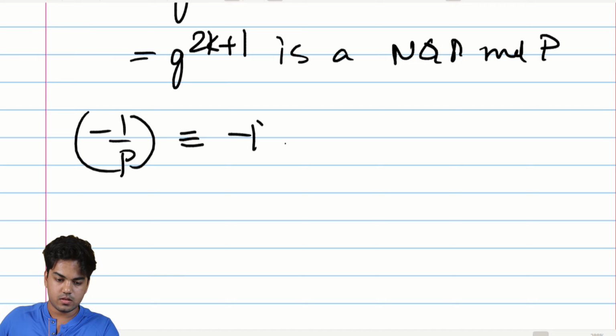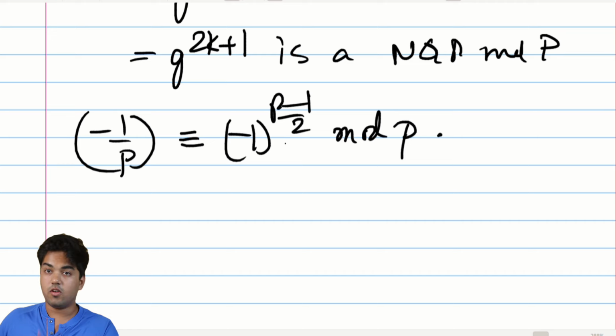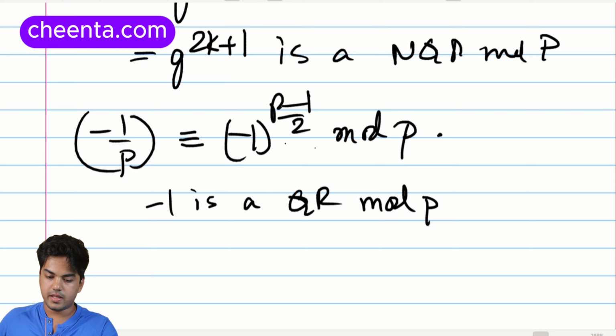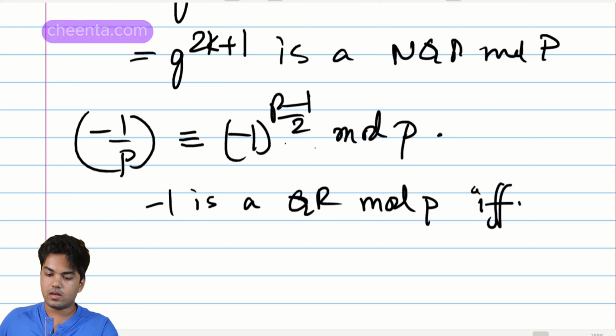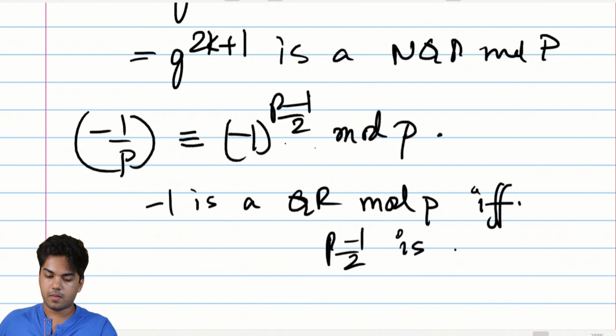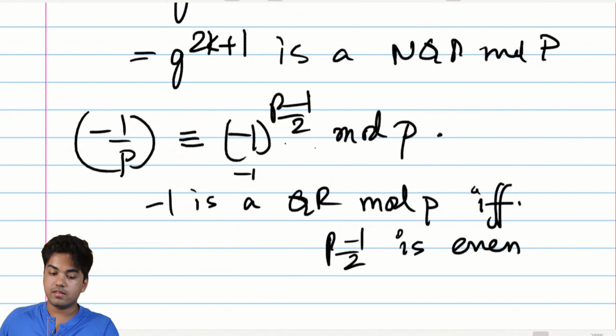Is congruent to minus 1 to the power P minus 1 by 2. We already covered this. What is this saying? This is saying that minus 1 is a square mod P if and only if P minus 1 by 2 is even, right? If it's even, then you have minus 1 to an even number, which is 1.